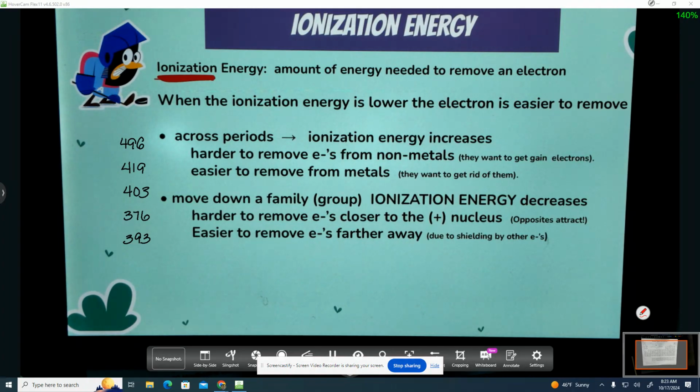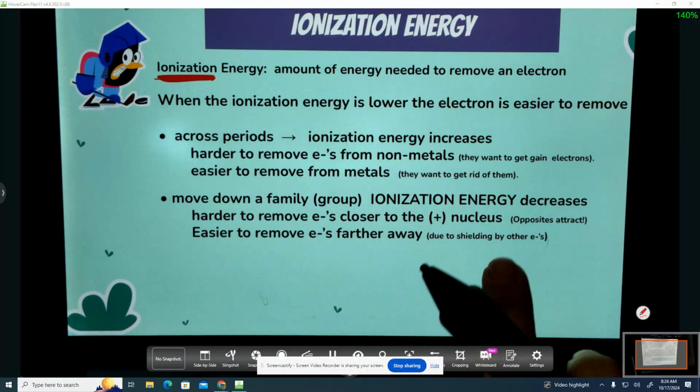It's going to be harder to remove the electron from the nonmetals. They want to get electrons. They're going to be easier to remove from the metals. They want to get rid of those electrons. As you go down a family or a group, it gets easier because the electrons are further away from those positive protons. Any questions on ionization energy trend?